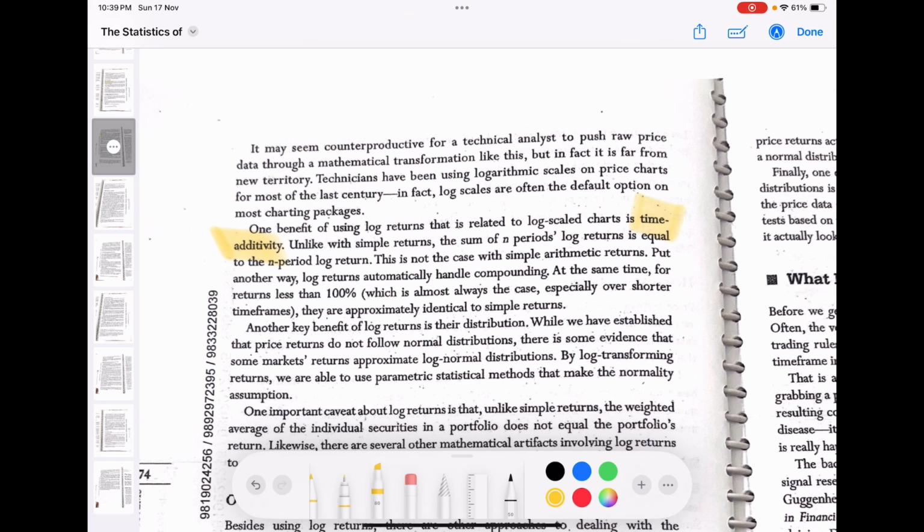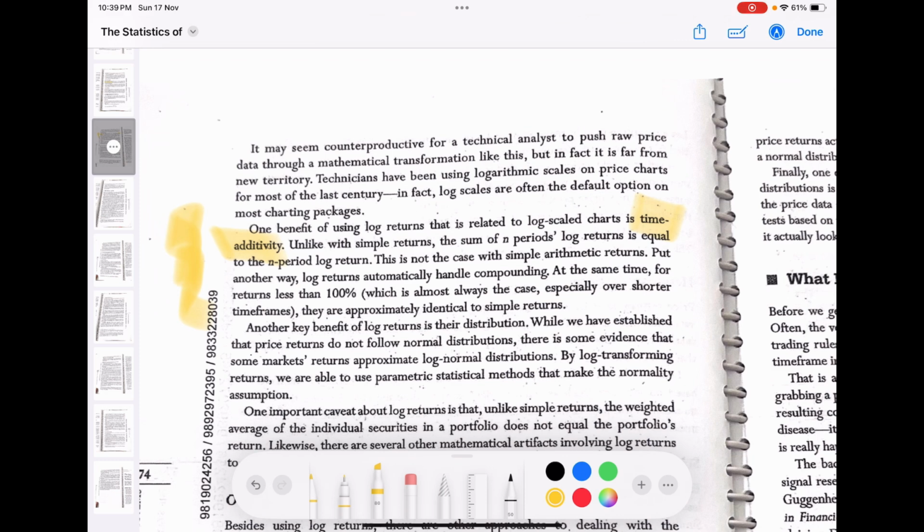At the same time, for returns less than 100%, they are approximately identical to simple returns. So in the case of simple returns, you have to handle the periods separately, and when you talk about log returns, they automatically take the compounding into account, so you don't have to do the compounding separately. That is what is known as time additivity.